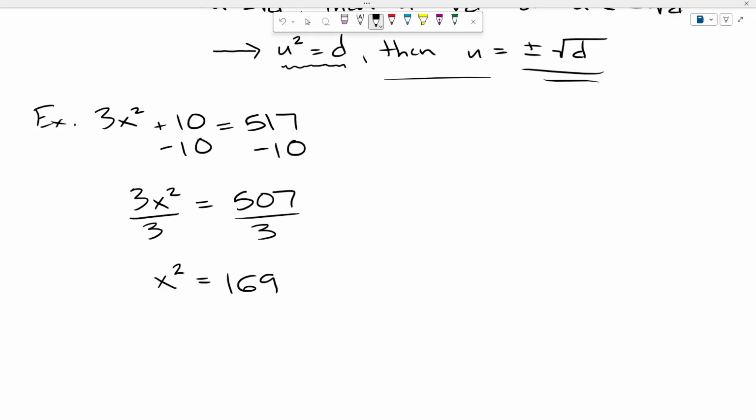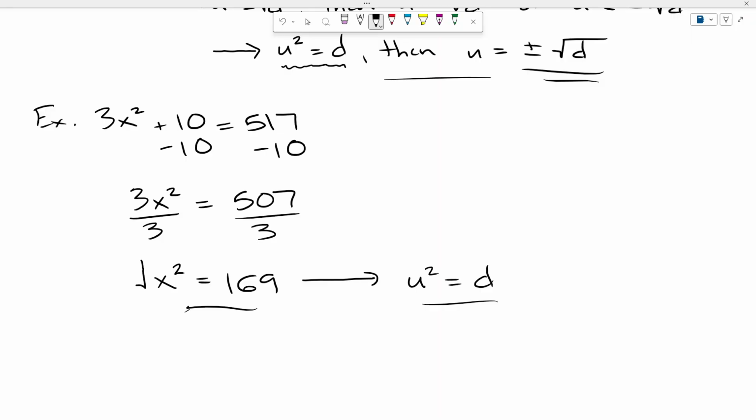All right, and now see where we are here. This looks a whole lot like this. So let's apply the square root property now to this x squared equals 169.